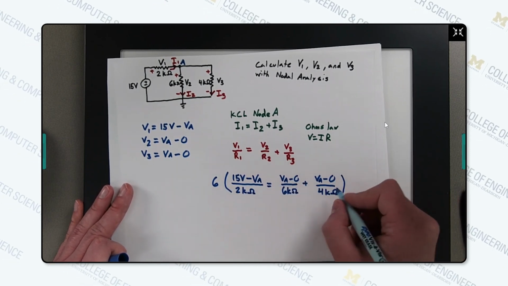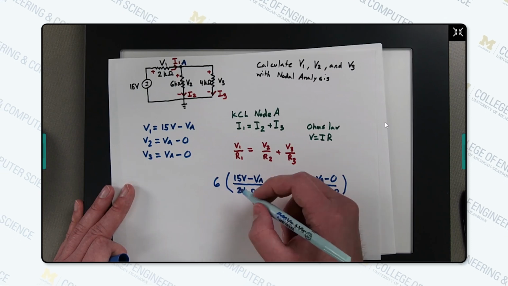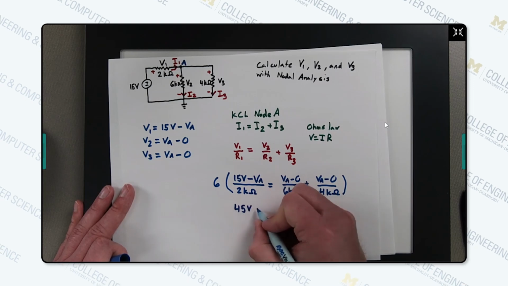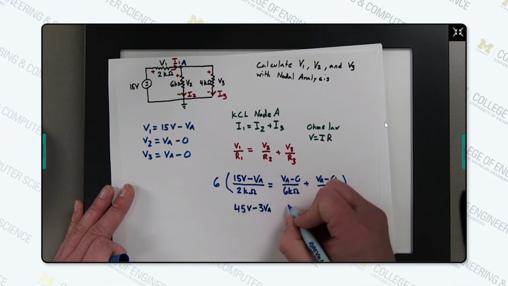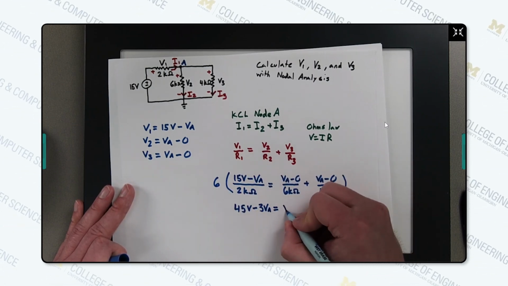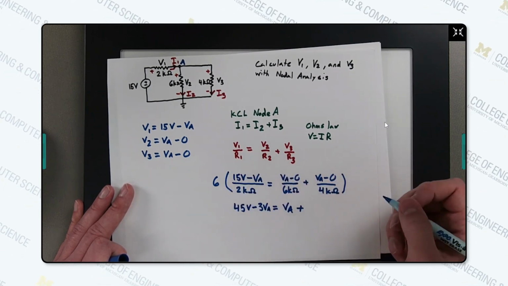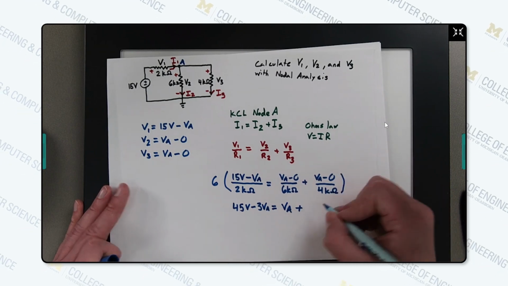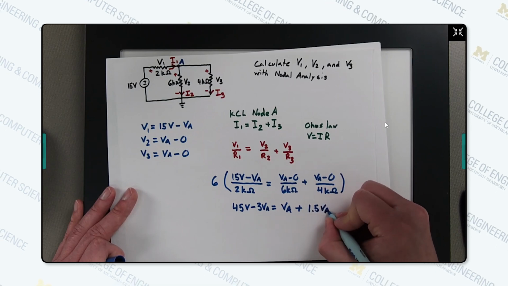If we multiply this out by 6, this section becomes 6 over 2, which is 3. So 3 times 15 is 45 volts minus 3 VA, which equals, multiplying by 6, the 6 cancels out, so it's VA plus 6 divided by 4 times VA, which would be 3 halves VA, or 1.5 VA.